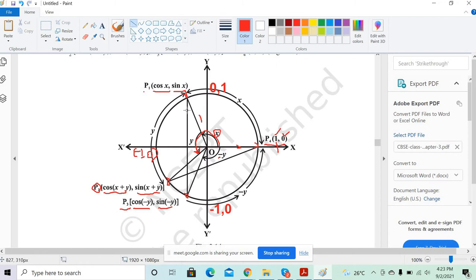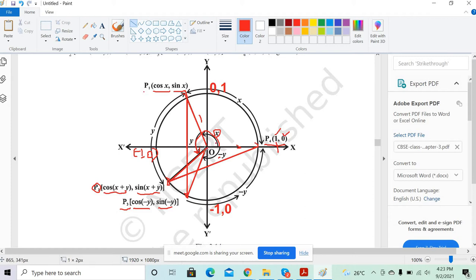Now we just need to prove the congruency between these two triangles. Let's consider this triangle, O, P1 and P3. And the other triangle, O, P4 and P2.